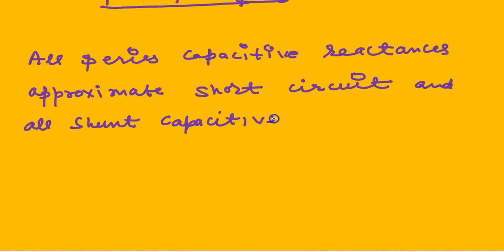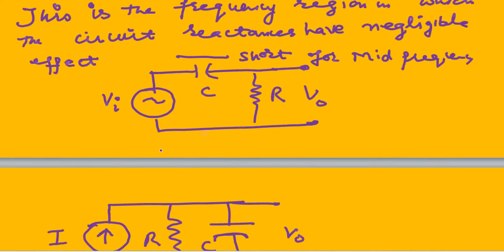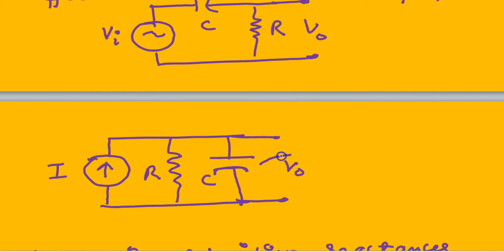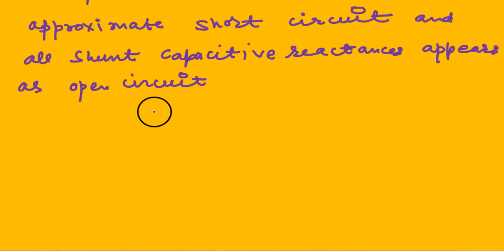And shunt capacitor behaves as an open circuit. Again, there is no problem of the shunt capacitor for the mid-frequency level. The shunt capacitor acts as an open circuit for the mid-frequencies.